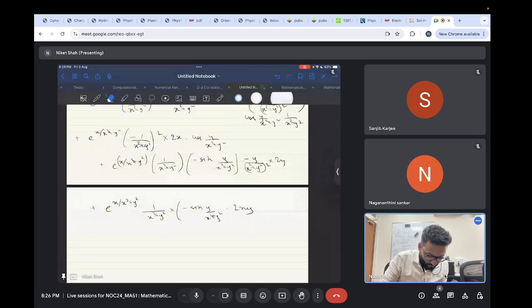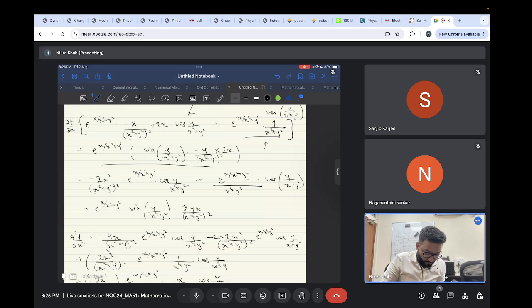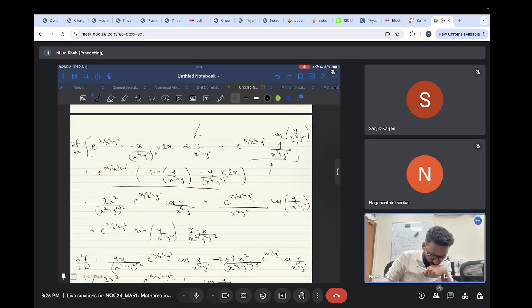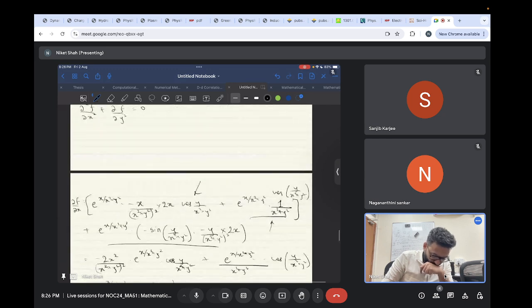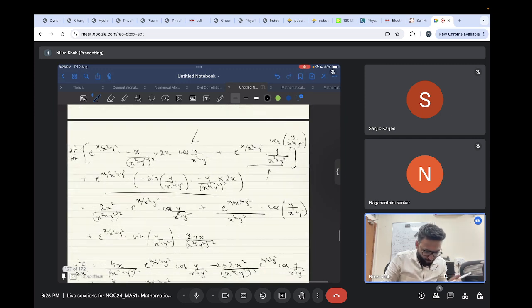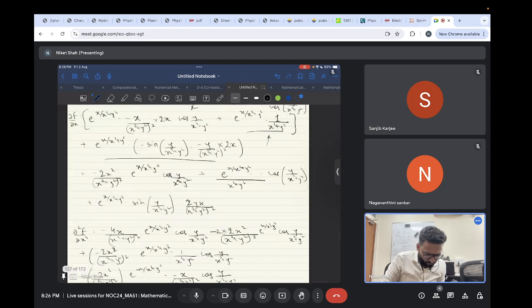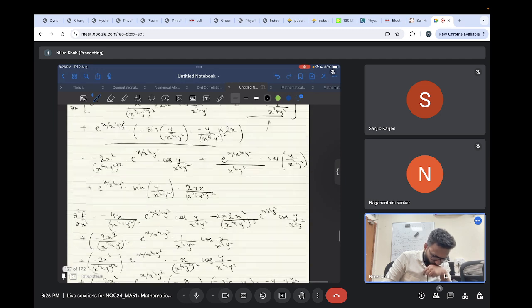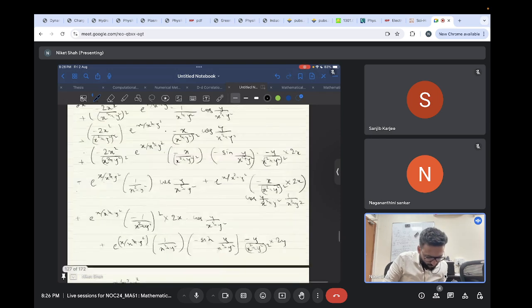I'm removing this minus sign into 2x, x square plus y square the whole square.